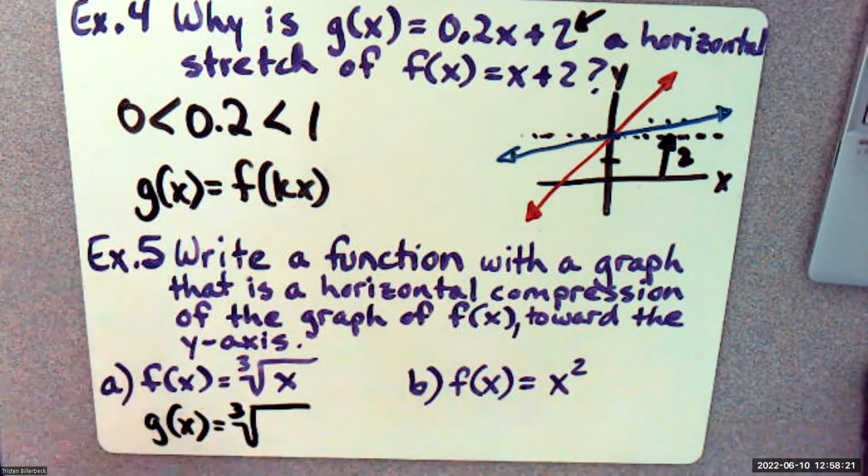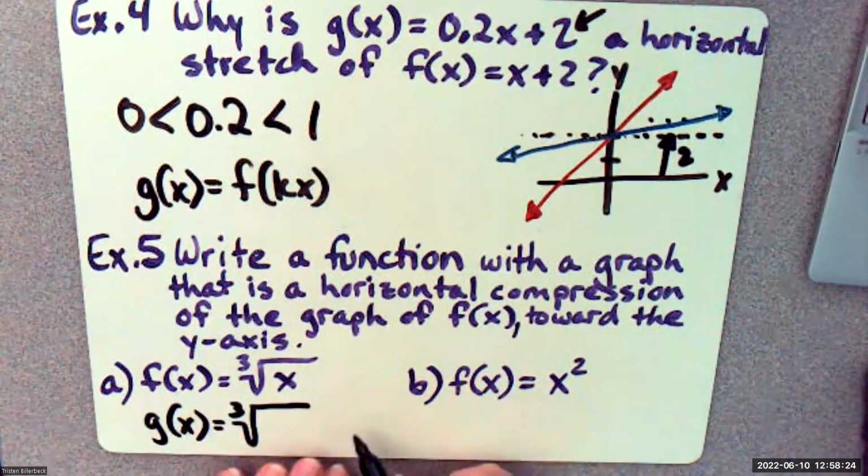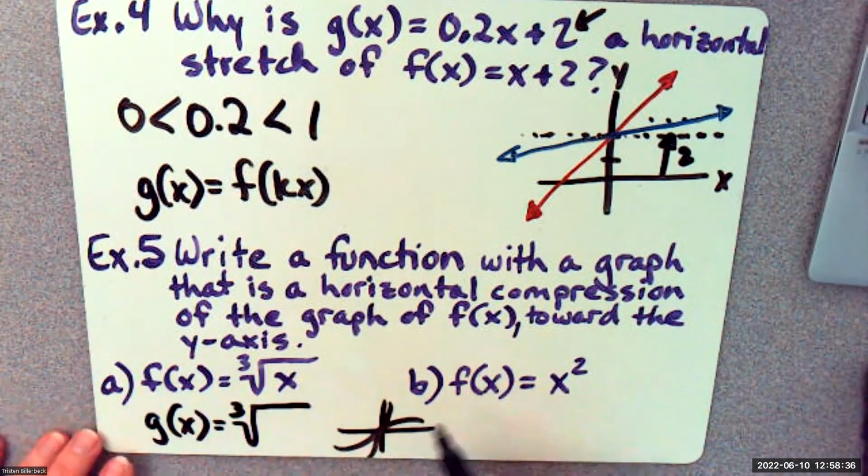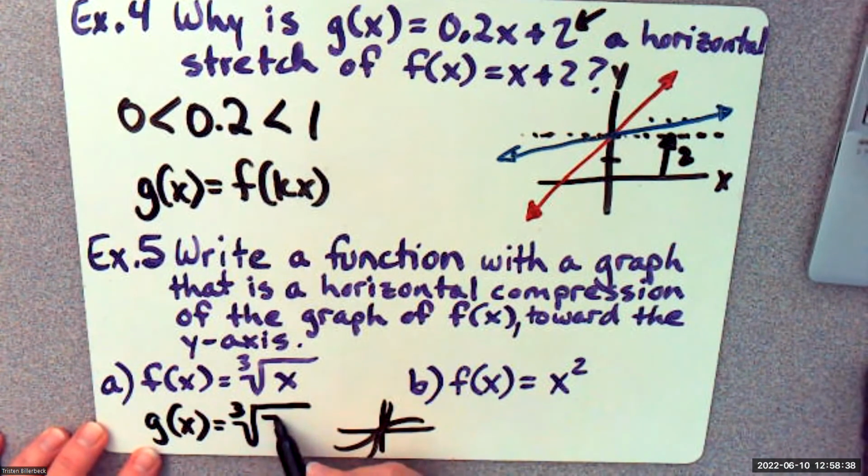Let's think about this. This is our cube root, and we want the horizontal compression, so we want it to be farther away. That means we're going to do 7x in here.